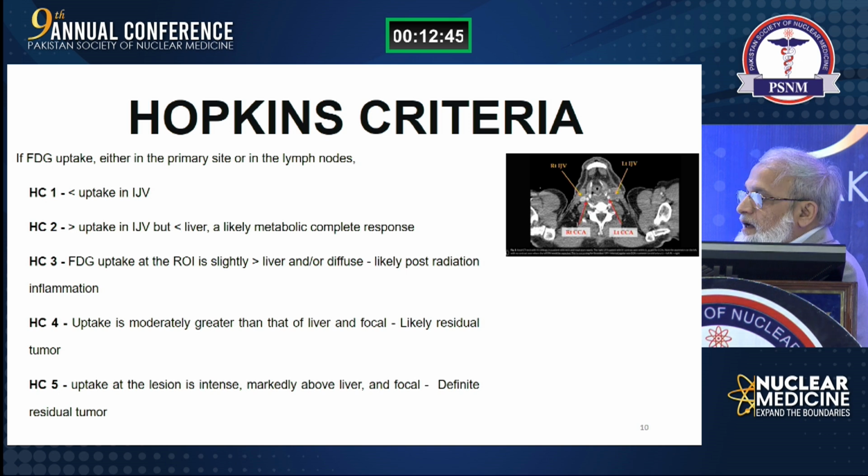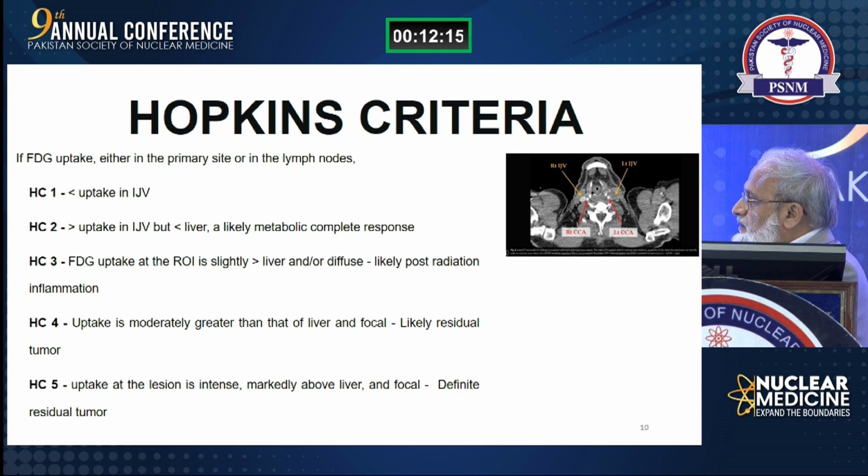Then again, if radiation has been given, it's post-radiation inflammation rather than the tumor itself. On the other hand, uptake markedly greater than that of the liver and focal will be called Hopkins 4, and usually it is residual disease. And if it's 5, then the uptake is much more than the liver and also focal, then definitely it's a residual tumor.